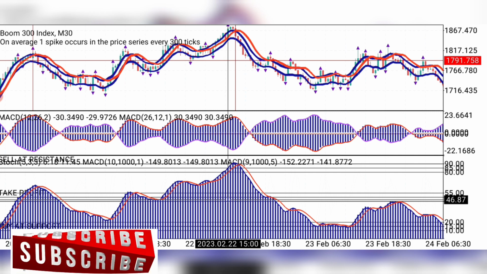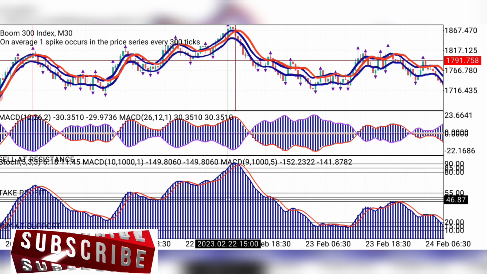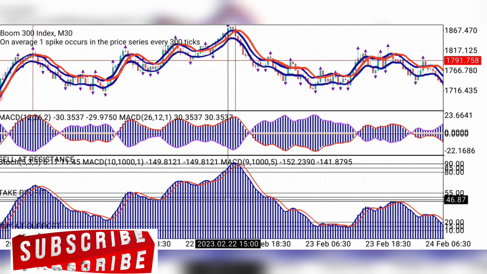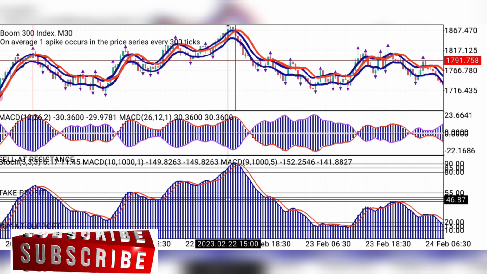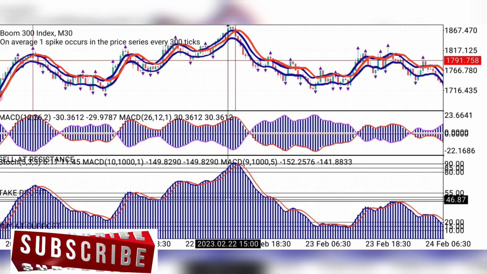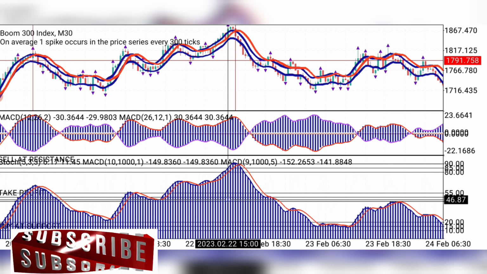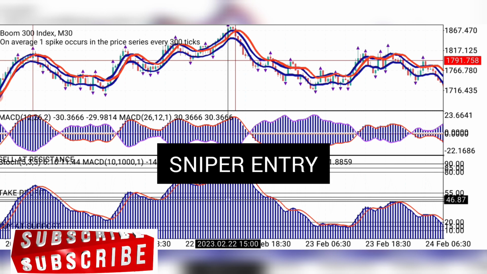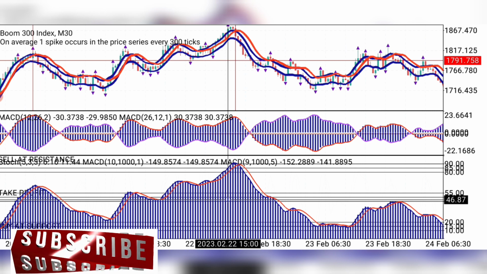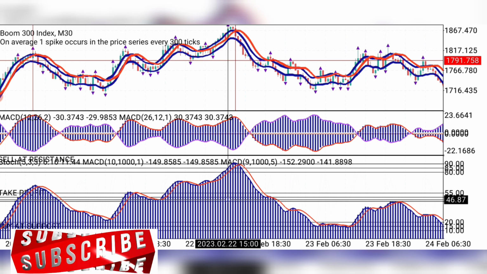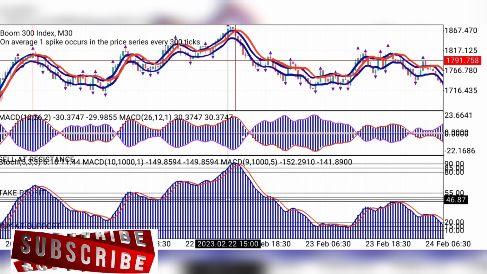It breaks down the complete movement of the market, letting you know if the market is at the oversold level or at the overbought level. It guides you on where to take your sniper entry. It gives you the correct overview of the market. That is what it does.